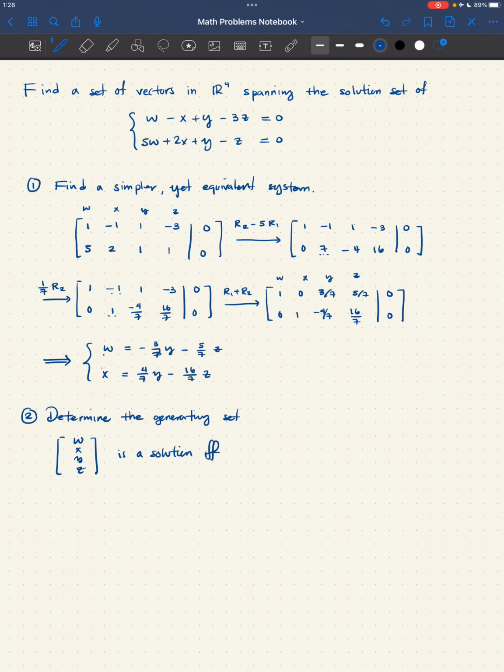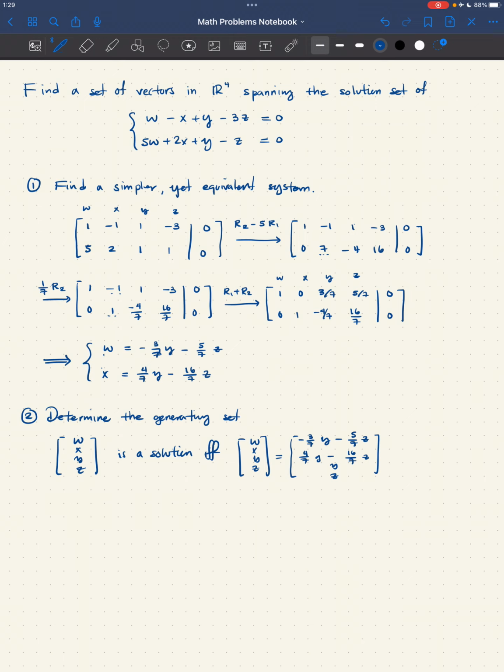In other words, if and only if that vector w, x, y, z is equal to the vector negative 3 over 7 y minus 5 over 7 z. Then the second entry would be 4 over 7 y minus 16 over 7 z, y, and z.